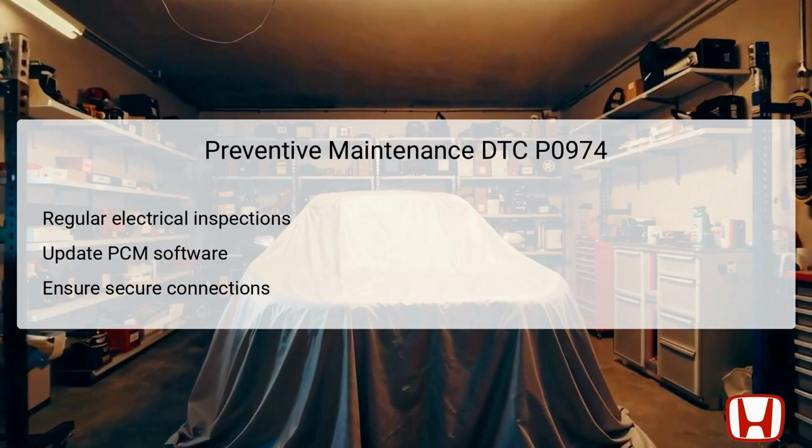to DTC P0974. Regular inspections of the electrical wiring and connectors can help identify any issues before they evolve into a more significant problem. It's also important to keep the PCM software up to date, as manufacturers may release updates to enhance vehicle performance and address known issues.